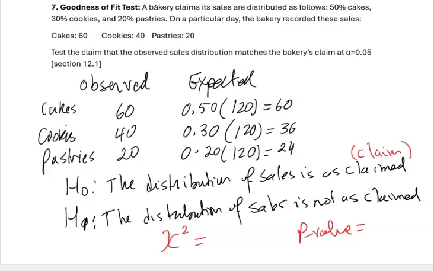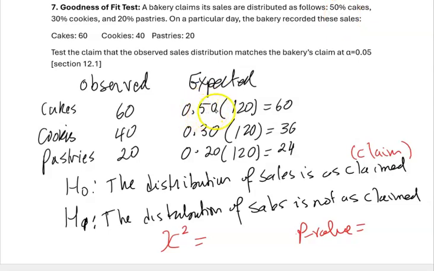In order to solve a goodness of fit test, we need the observed values and we need the expected values. The expected values are what come out of the percentages. We have a total of how many sales? 60, 40, 20, that's 120. If the claim is still valid, we should expect 50% to be cakes.